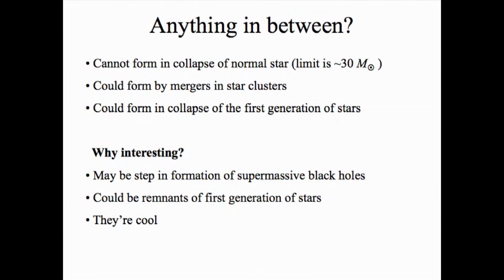Okay, and so why is it interesting? These intermediate mass black holes may also be an important step in the formation of supermassive black holes. I told you we know that supermassive black holes exist. It's very confident that they exist. But we actually don't know how to make those supermassive black holes. And most people's theories can't make them fast enough.